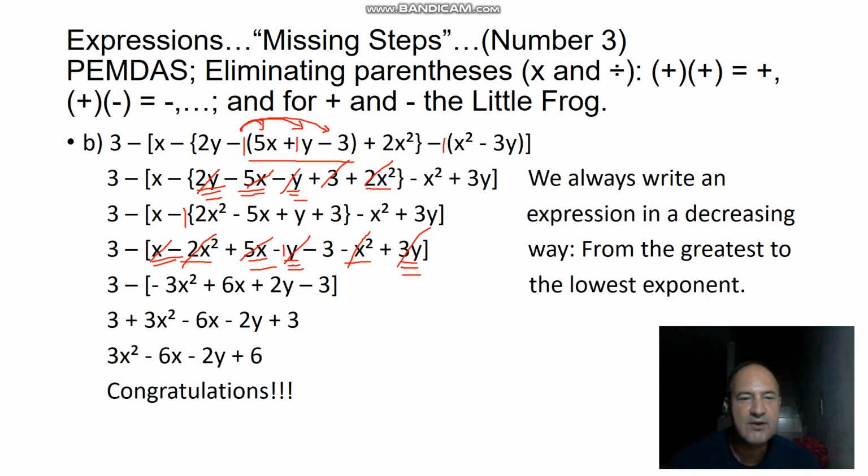So you will never be confused. And here, negative times negative is positive, 1 times 3. Negative times positive is negative 1 times 6. Do you see? Negative times positive, negative 1 times 2. And negative times negative, positive 1 times 3. And finally, this will be the first term, and then this will be the second.